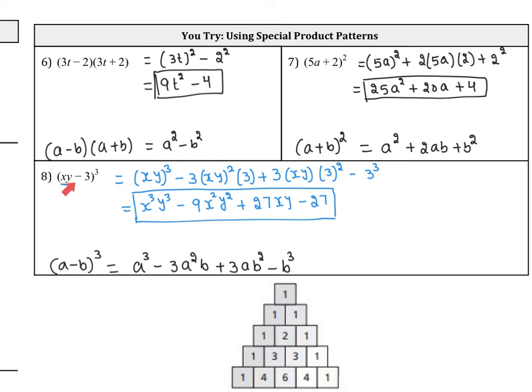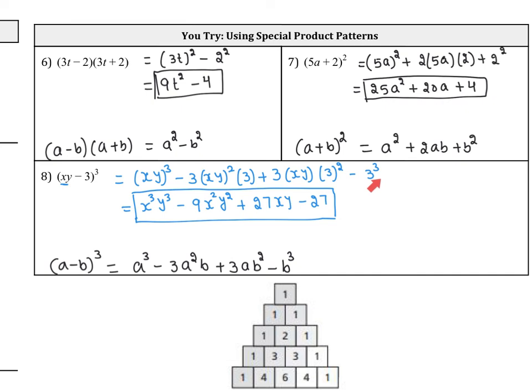Here I'm going to apply the formula a minus b cube. So a cube means xy cube minus 3a square b means xy squared times 3. So this is our a, this is our b. So in other words, I'm going to recognize a and b and plug it in here for a and b in this formula.